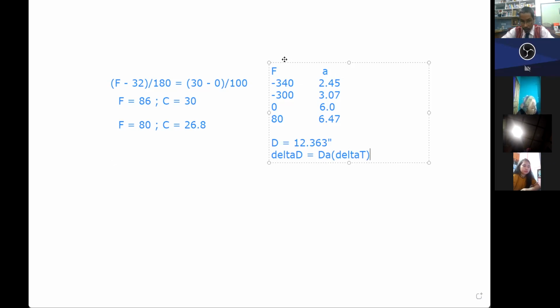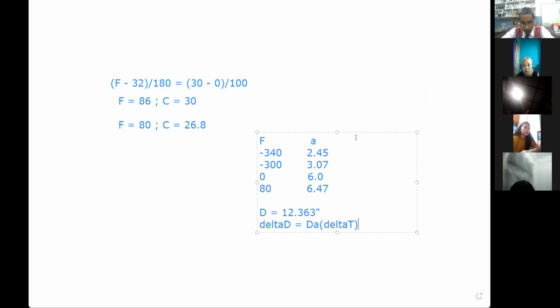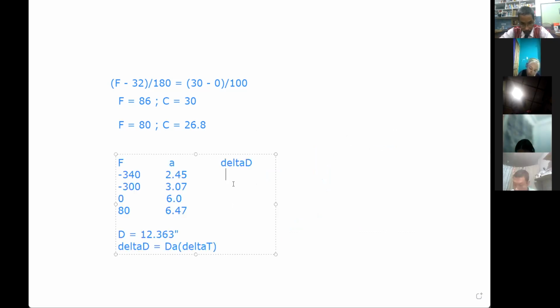Let us compute the delta diameter, meaning change in diameter. When the temperature changes, the diameter of the trunnion changes. How much change? So we will compute here. This is our table, and let us compute one by one.